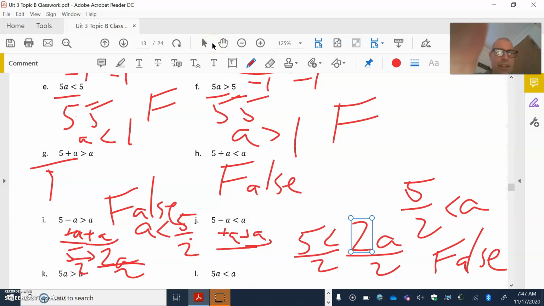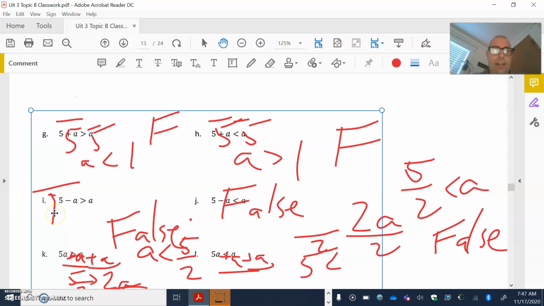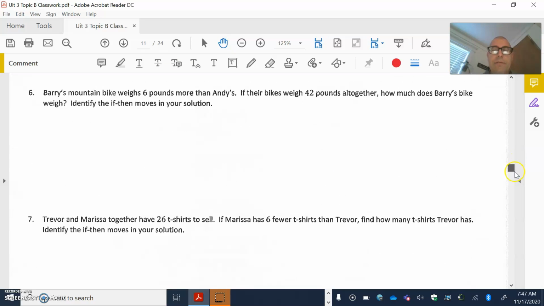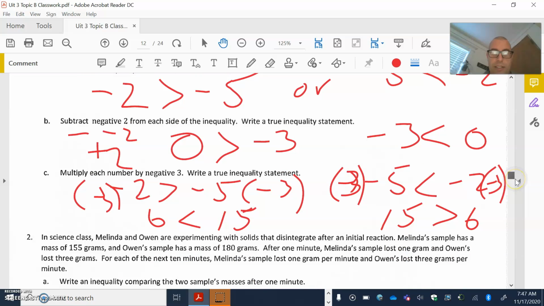I think that's kind of it of what we want to get to. I want to see what else was down there, if there's anything else worthwhile. No. The big thing that we want to end up seeing here is, if you multiply by a negative, you're going to have to flip your inequality symbol. If you divide by a negative, you're going to have to flip your inequality symbol around.